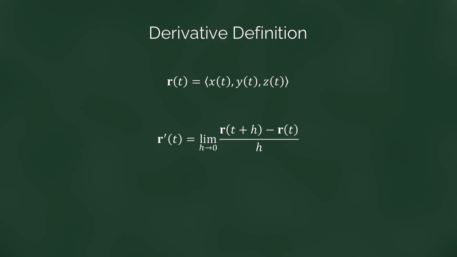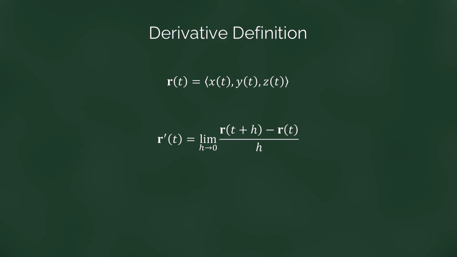function, this becomes the limit as h approaches 0 of x of t plus h times i plus y of t plus h times j plus z of t plus h times k minus x of t times i minus y of t times j minus z of t times k, all divided by h.